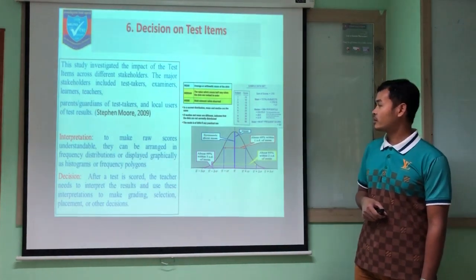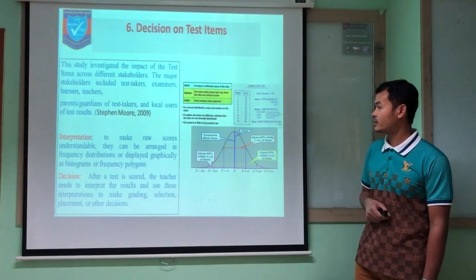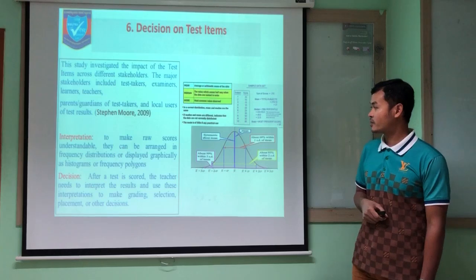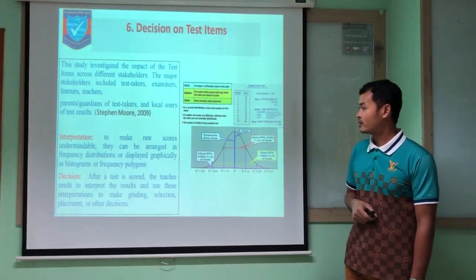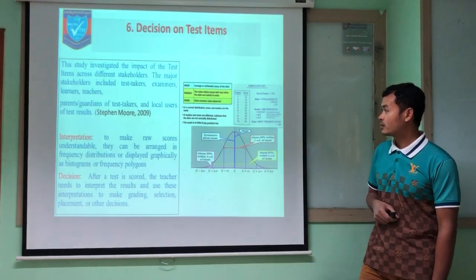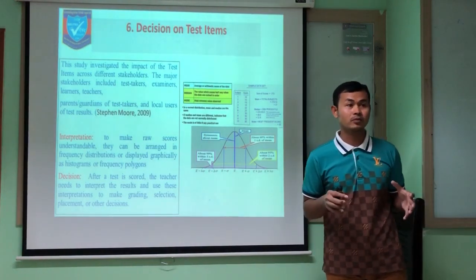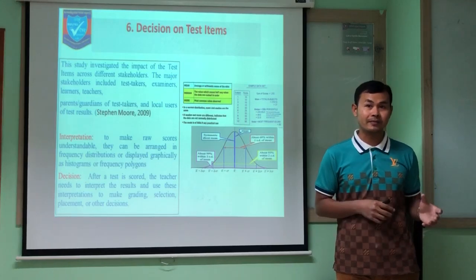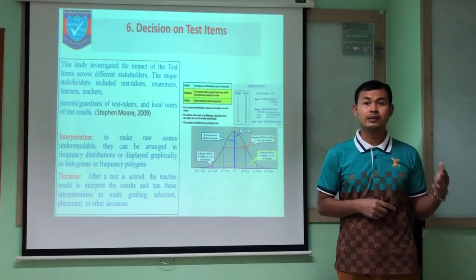Interpretation. To make raw scores understandable, they can be arranged in a frequency distribution, or displayed graphically as a histogram or frequency polygon. So when we collect the marks of the students, we have to produce a graph to analyze which is the highest one and which one is the lowest one.